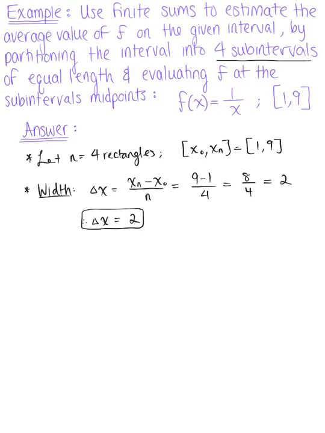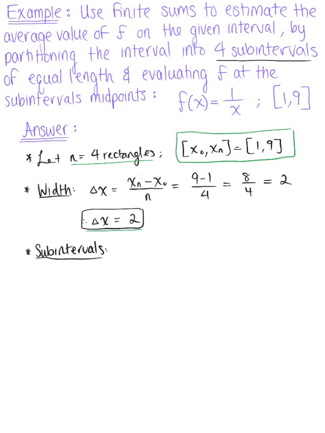So let's go ahead and find our subintervals now. Again, keep in mind with the subintervals that we're taking our given interval and dividing it up into 4 parts, each 2 units long. Starting with the first endpoint, we have 1, and 1 plus 2 gives us 3. So there's our first subinterval.